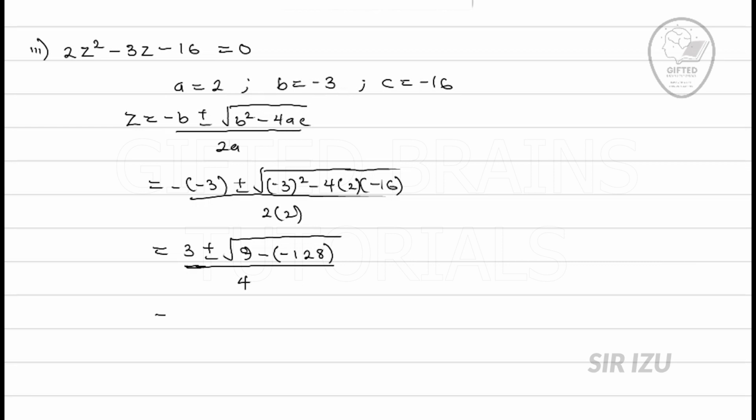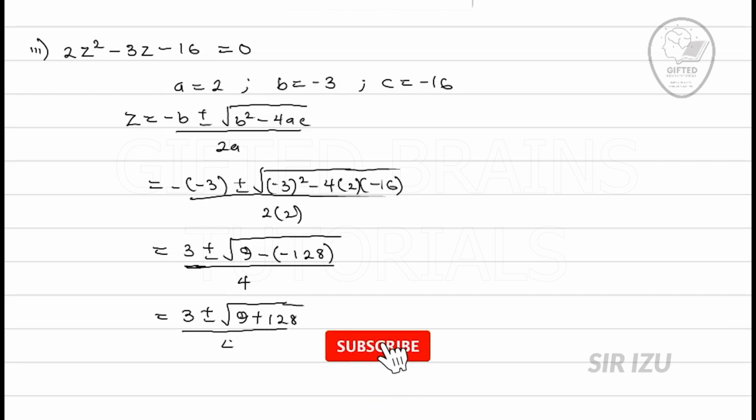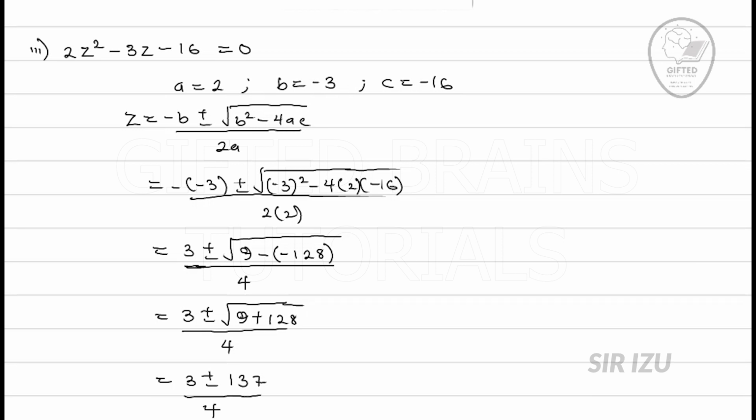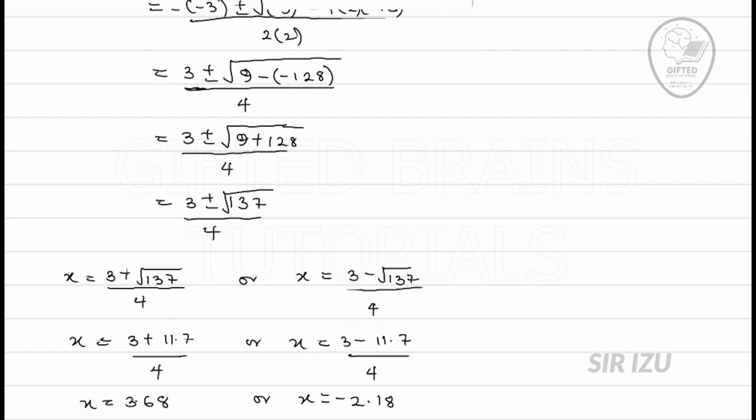So that will give us 3 plus or minus the square root of 9 plus 128, which is 137, all over 4. And we can go ahead to simplify this and then get our answer. So this is our final answer.